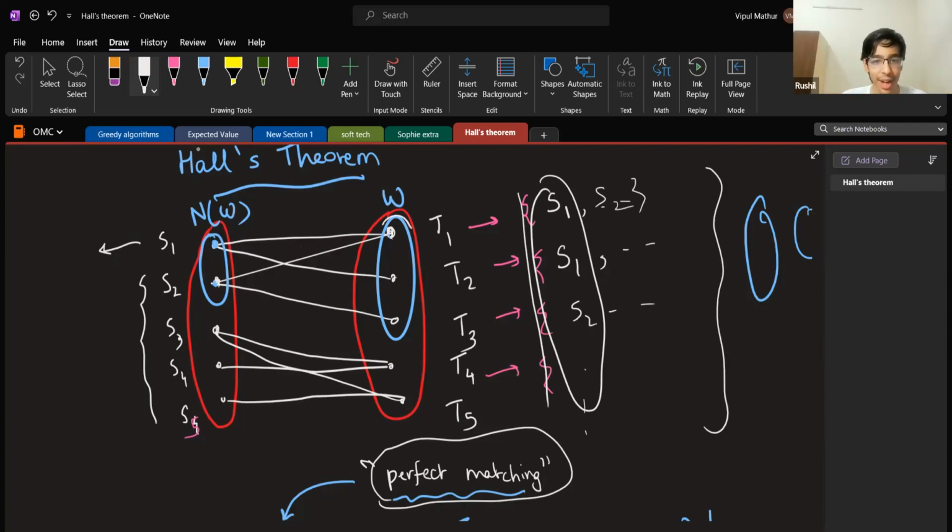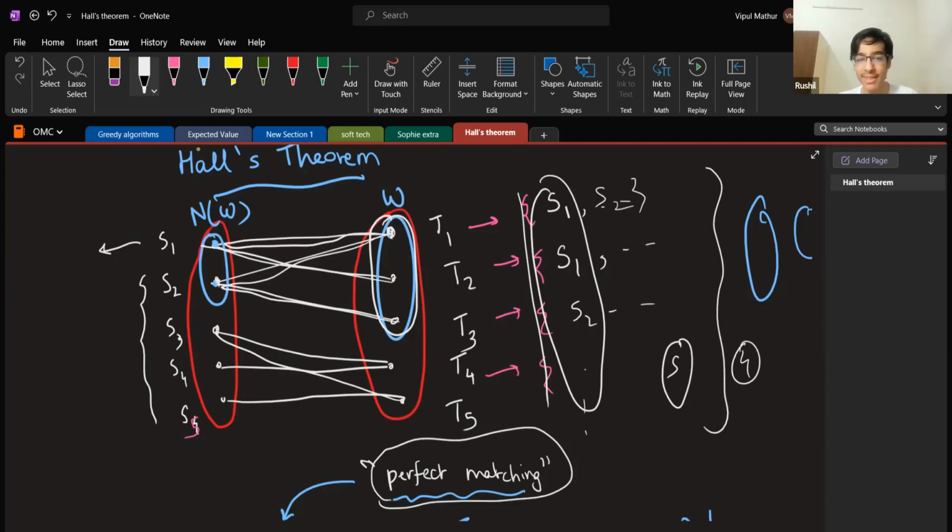Because if you have this sort of W, which is a subset of teachers, let's say there are three teachers here, but this teacher likes this one and this one, this teacher likes this one, and this teacher likes this one. So all in all, these three teachers together like only these two students. If in general you have five teachers who together like only four students, all the best. You won't be able to make a perfect matching out of it, obviously.